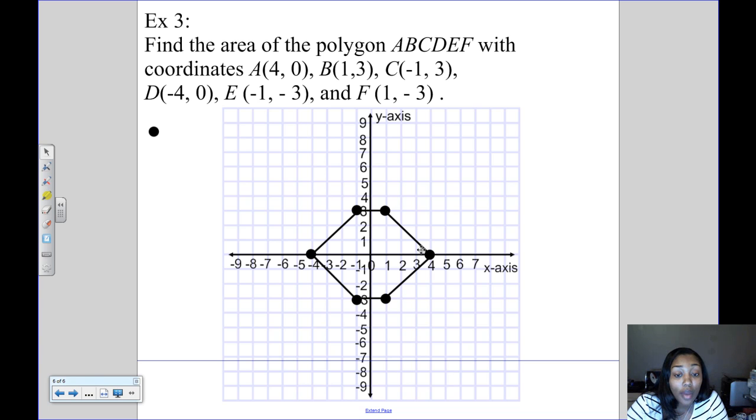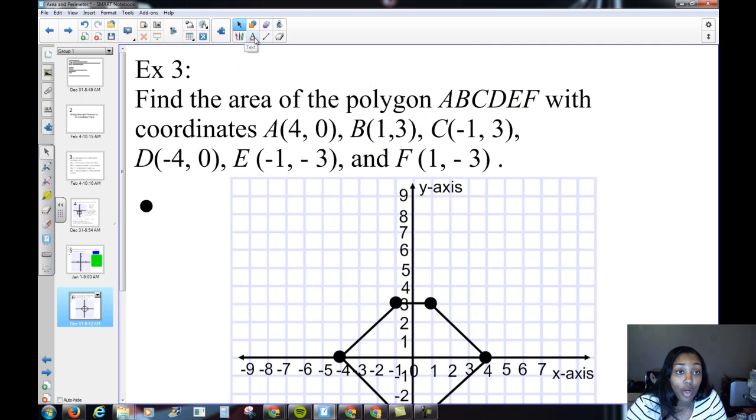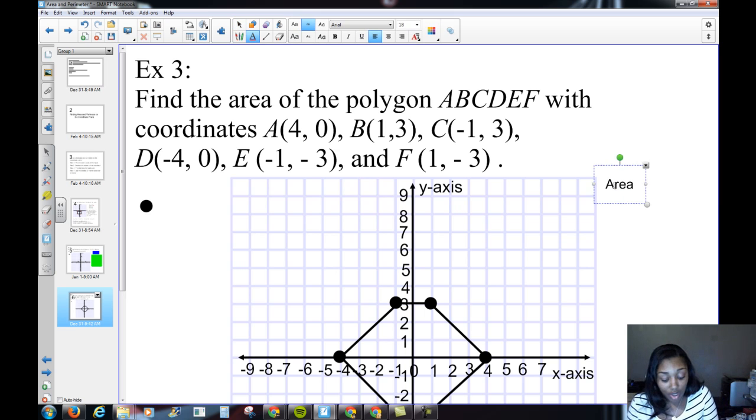Another half, 29. Another half, 29 and a half. And then another half, we have 30. So the area of this hexagon will be 30 units squared. We can say that the area equals 30 square units.